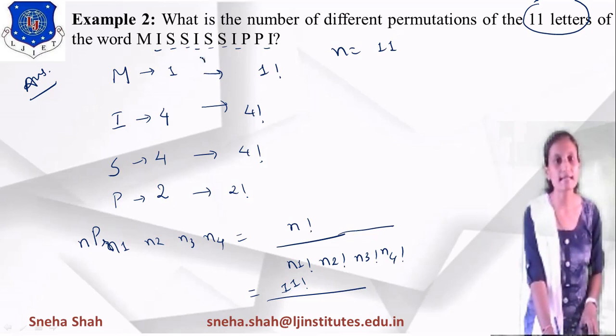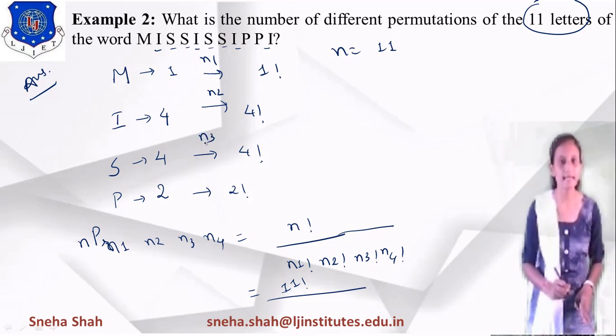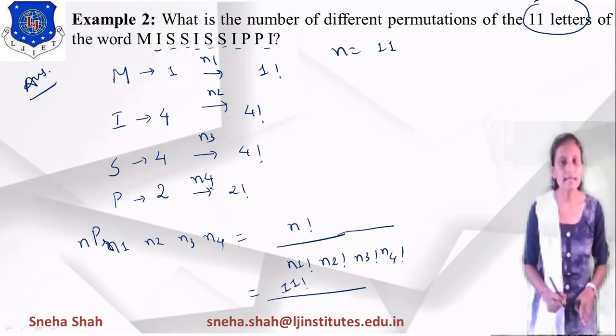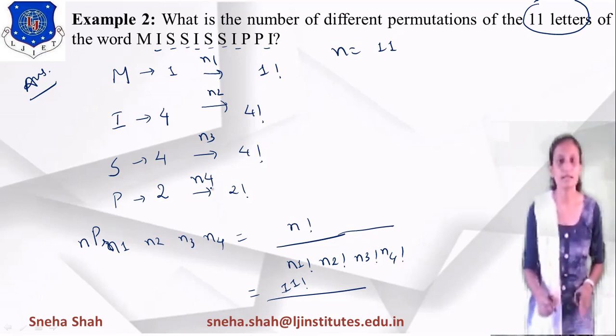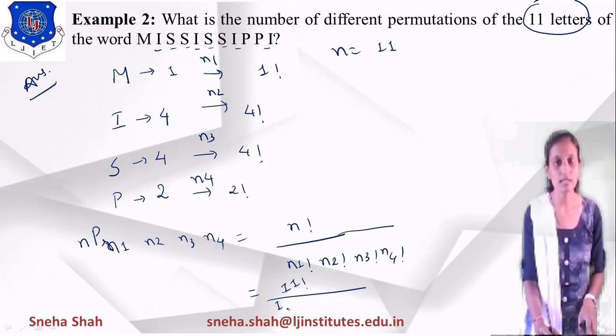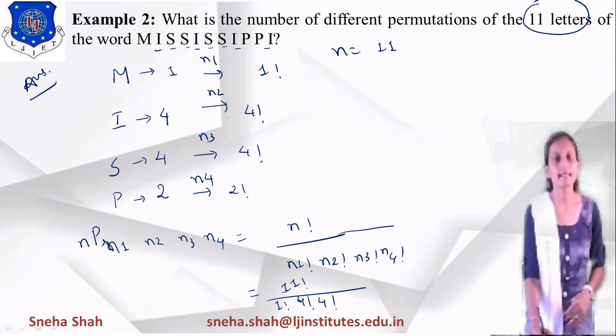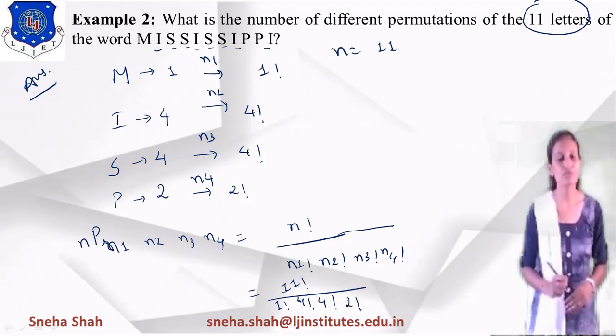This one is n1, this one is n2, this one is n3 and this one is n4. So n1 factorial equals 1 factorial, n2 factorial means 4 factorial, n3 factorial equals 4 factorial, and in the same way n4 factorial means 2 factorial.